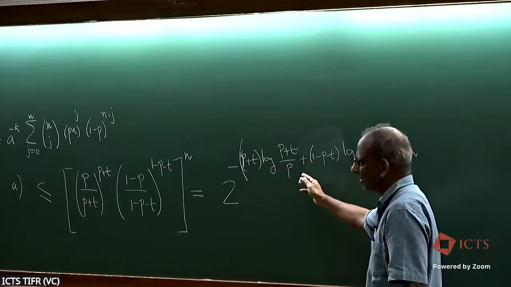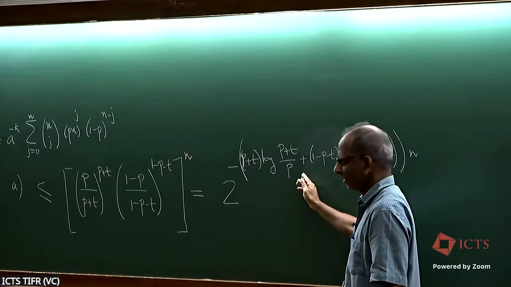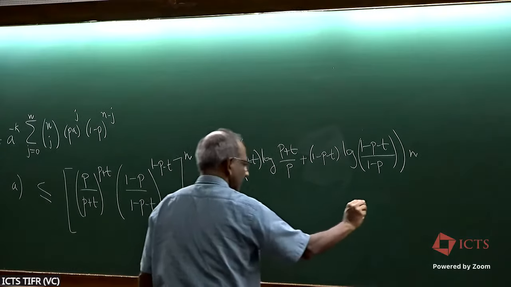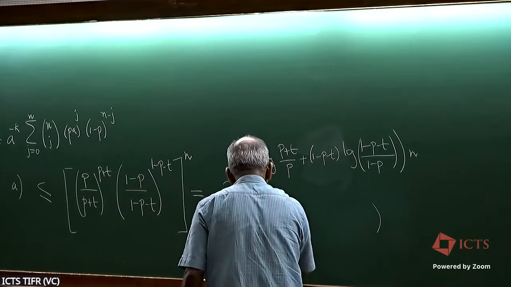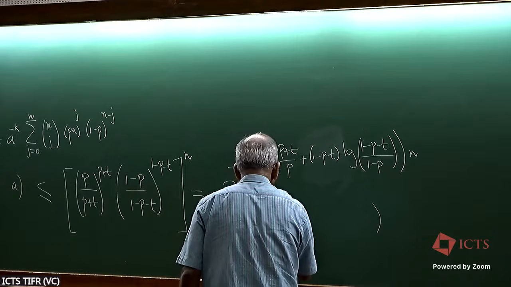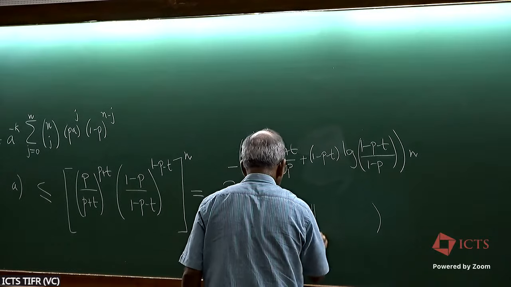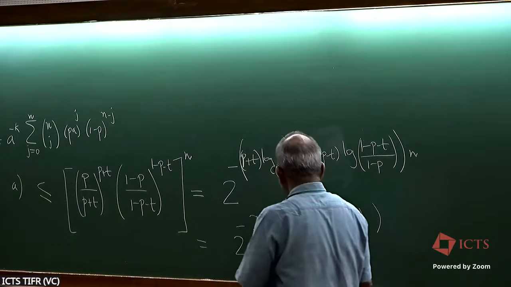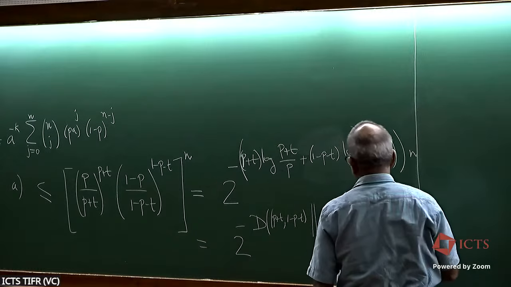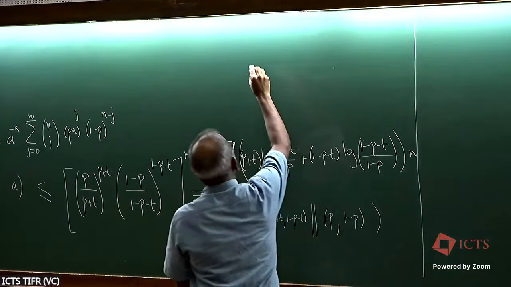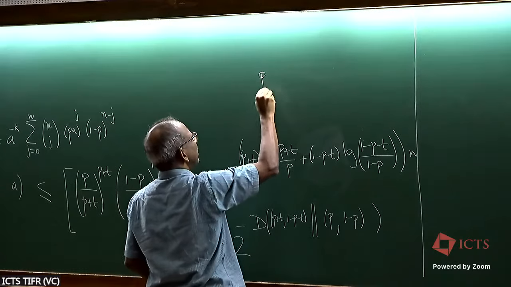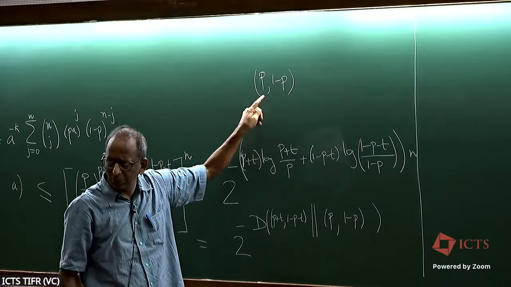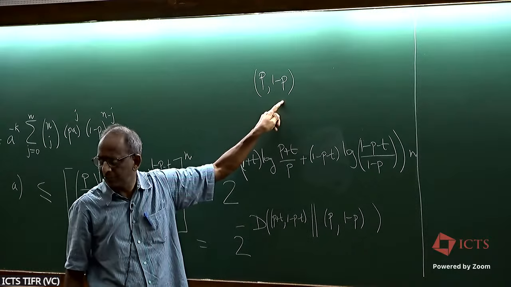And have you seen this? Here are two distributions. The original distribution of the coin was p, 1 minus p: the probability of being 1 was p, and the probability of being 0 was 1 minus p.